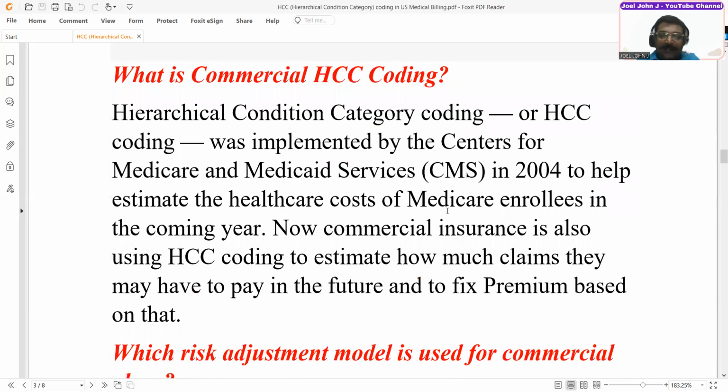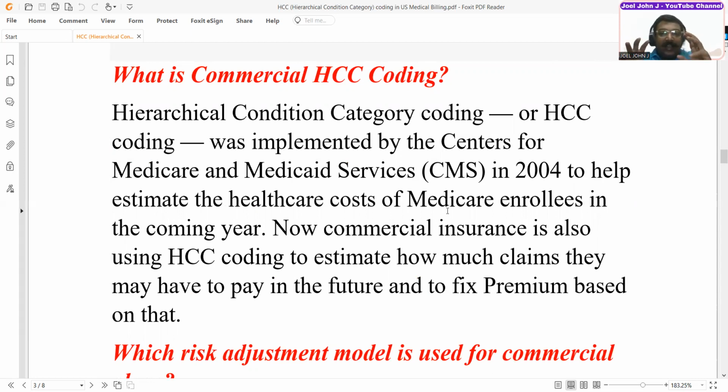What is commercial HCC coding? Hierarchical condition category coding, or HCC coding, was implemented by the Centers for Medicare and Medicaid Services (CMS) in 2004 to help estimate the healthcare cost of Medicare enrollees in the upcoming years. That is, the HCC coding was initially implemented for this, and it has a commercial value.